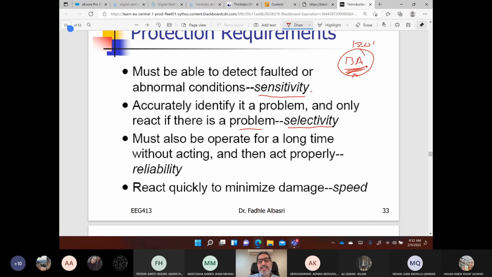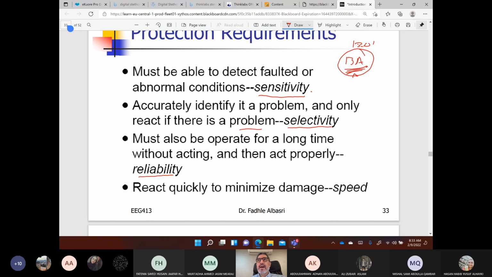And that is linked to something called reliability. We want a protection system that is reliable. If you install it in the system for tens of years, it will always act correctly. Suppose I have a protection system that has been working in service for 100 years.